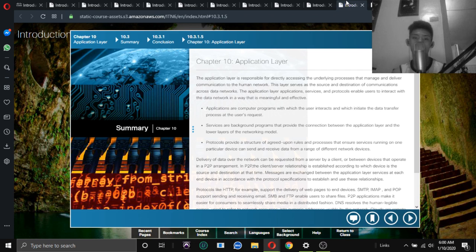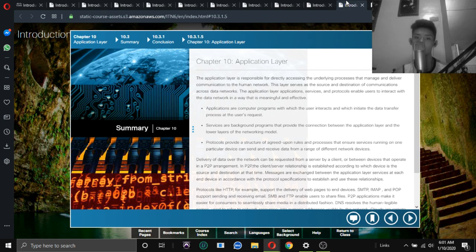Chapter 10, the application layer. The application layer applications, services, and protocols enable users to interact with the data network in a meaningful and effective way. Applications are computer programs with which the user interacts and initiate the data transfer process at the user's request.